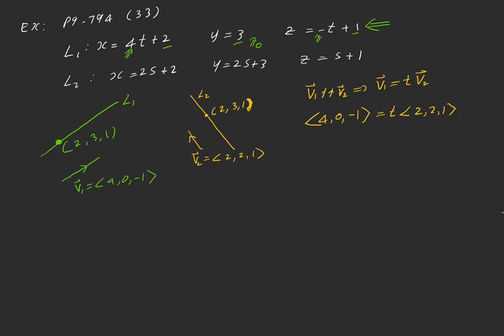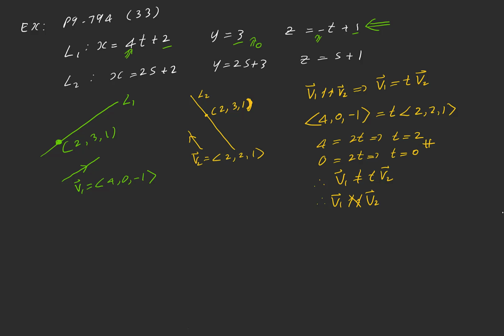Now how do we find it? 4 equals 2t, so from this t equals 2. And next, 0 equals 2t, so from this t equals 0. You see these two are not equal. Therefore we cannot find t such that V1 equals t V2. Therefore V1 is not parallel to V2.